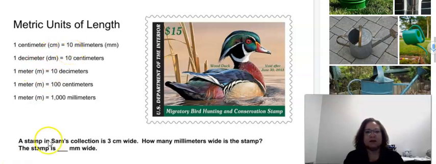A stamp in Sam's collection is 3 centimeters wide. How many millimeters wide is the stamp? So we are going to multiply 3 centimeters times 10 millimeters. 3 times 10. Good. That's 30. So the stamp is 30 millimeters wide.